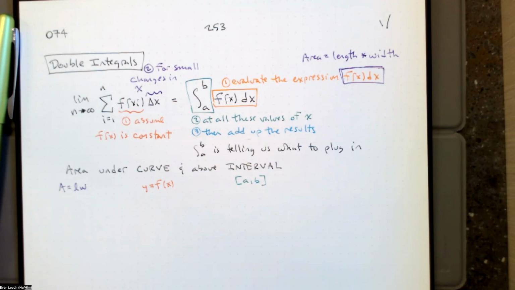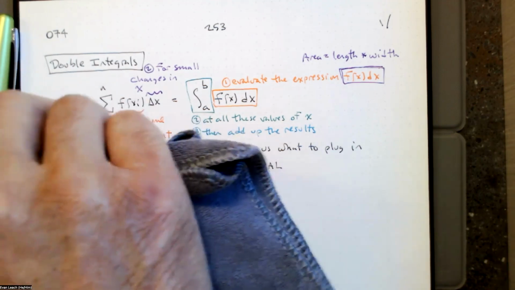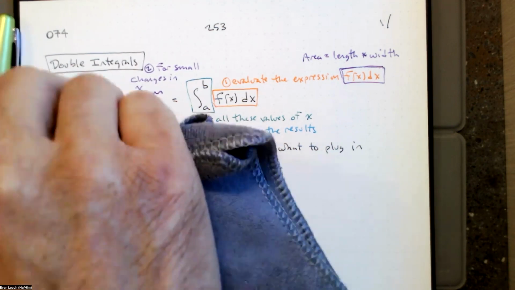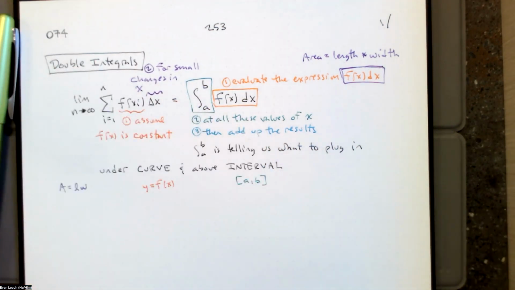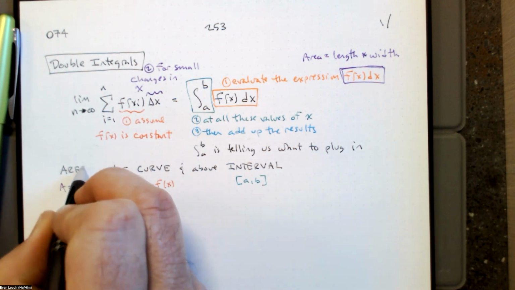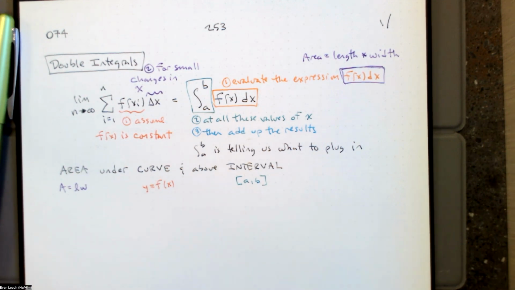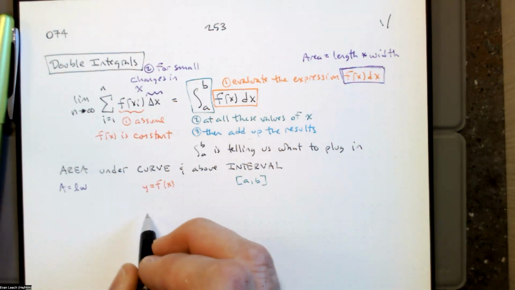We know we want to upgrade this problem to deal with a function of two variables. When we replace our function of one variable with a function of two variables, we are looking at a surface.